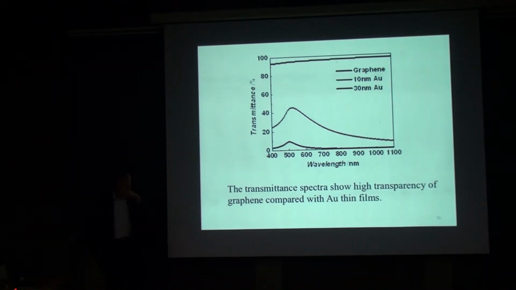We use graphene here because it has two very unique properties. One is that it is highly transparent. The other is that graphene is a good conductor. So we use these two unique properties of graphene to produce this light emitting device.